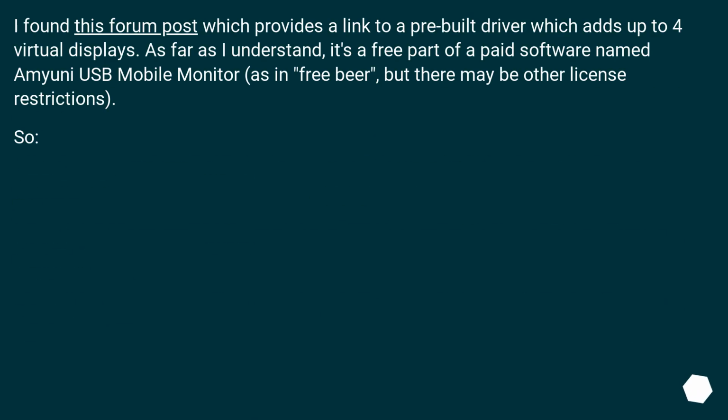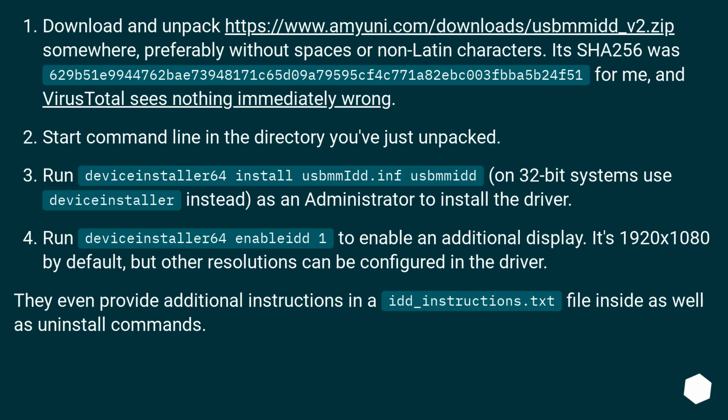I found this forum post which provides a link to a pre-built driver which adds up to 4 virtual displays. As far as I understand, it's a free part of a paid software named Amyuni USB Mobile Monitor, as in free beer, but there may be other license restrictions. So, download and unpack this URL somewhere, preferably without spaces or non-Latin characters.